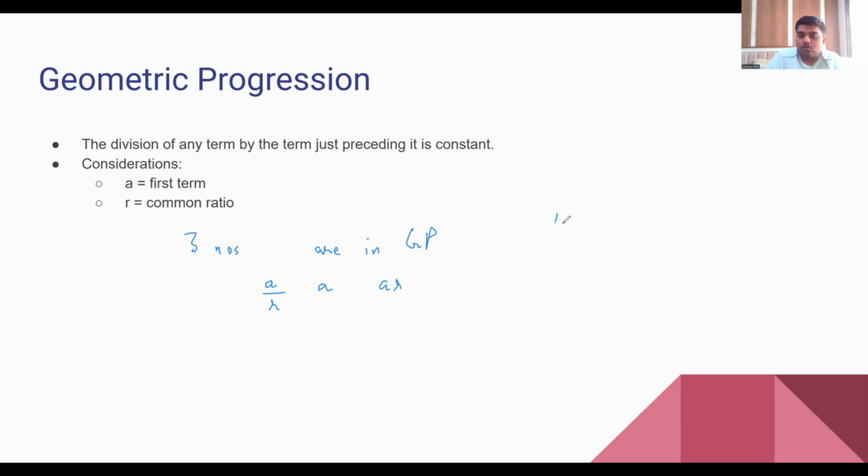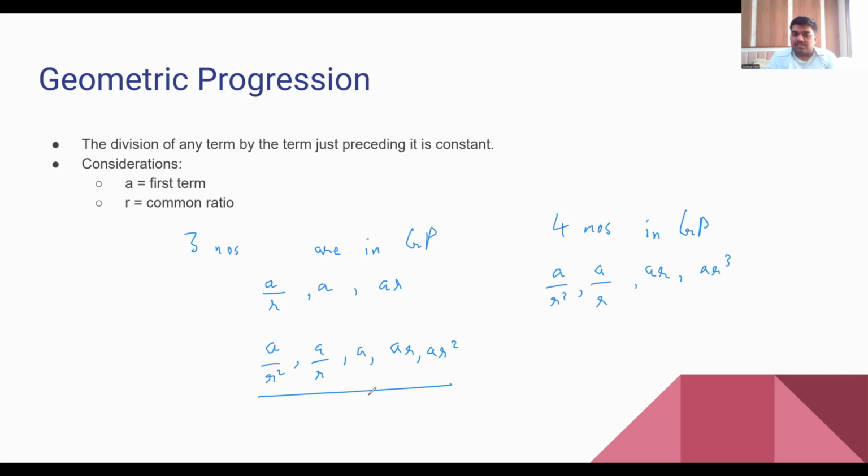If you were given four numbers in GP, you can consider A by R cube, A by R, AR, AR cube as the four numbers in the GP. And if you have to consider five numbers, then you can consider A by R square, A by R, A, AR, AR square. So these are the five numbers in the GP. So this was the first point to be remembered in the case of a GP.